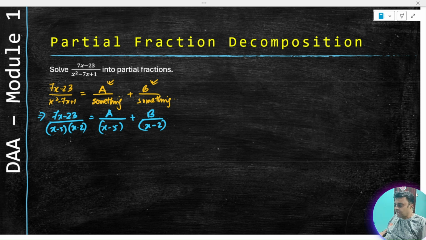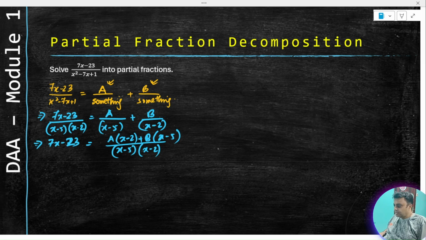So now if we actually do the LCM of this, we will get (x minus 5)(x minus 2), and then we will get A multiplied by (x minus 2) plus B multiplied by (x minus 5), and this will be equal to 7x minus 23, and here we will have (x minus 5)(x minus 2).